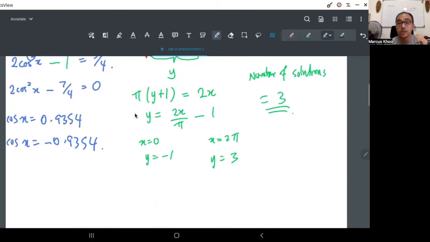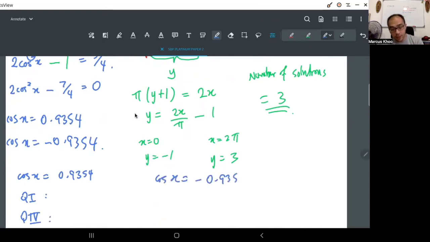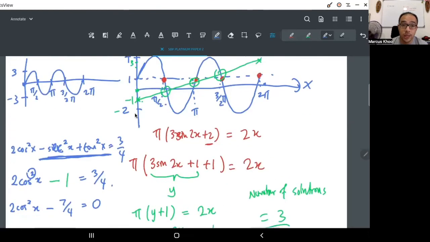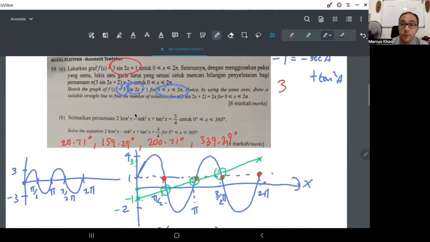Cos x equals 0.9354: cos positive is quadrant 1 and quadrant 4. The second one, cos x equals negative 0.9354, is quadrant 2 and quadrant 3. So you get 4 answers altogether: 20.71, 159.29, 200.71, and 339.29.